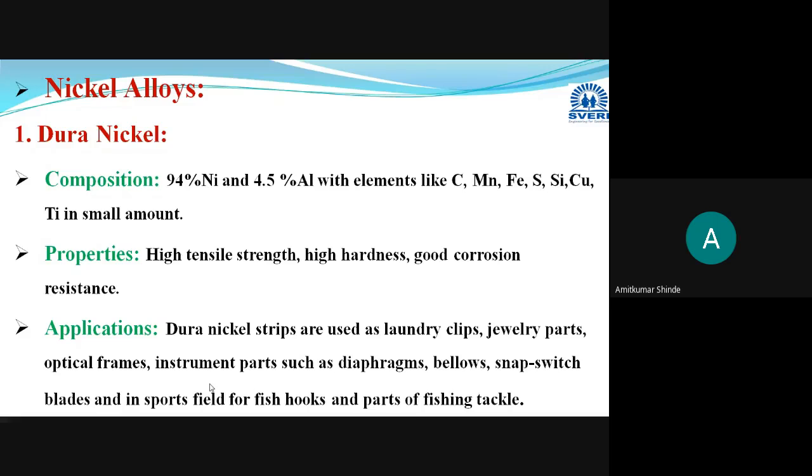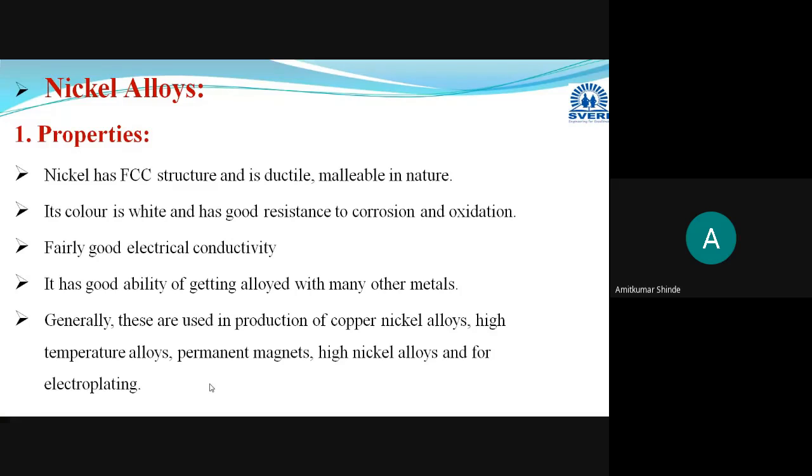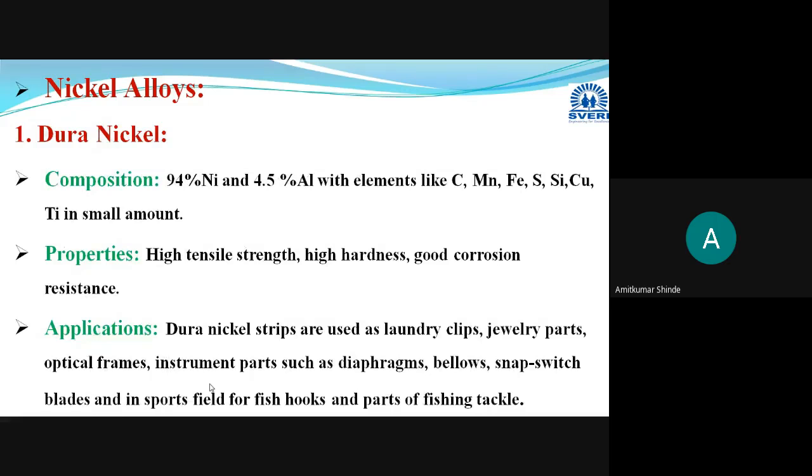But in the examination they will ask very few names, and if they ask a general question like write a short note on nickel alloys, you have to mention the properties and general characteristics of nickel, and after that you can mention any two or three nickel alloys along with their composition, properties and applications.